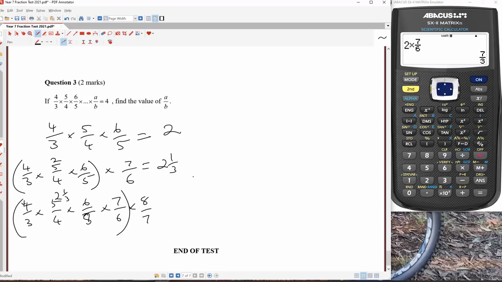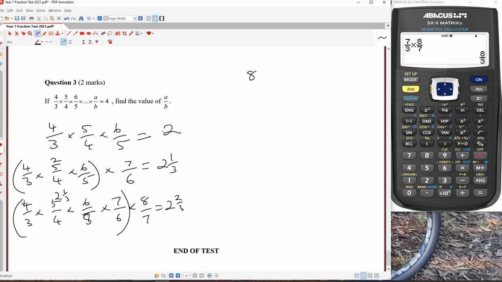Okay, so 2 1/3 is 7 on 3, so we'll go 7 on 3 times 8 on 7. That's 8 on 3. Okay, and 8 on 3 is 2 2/3.